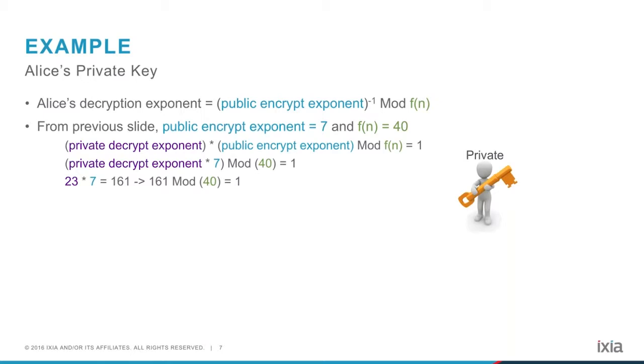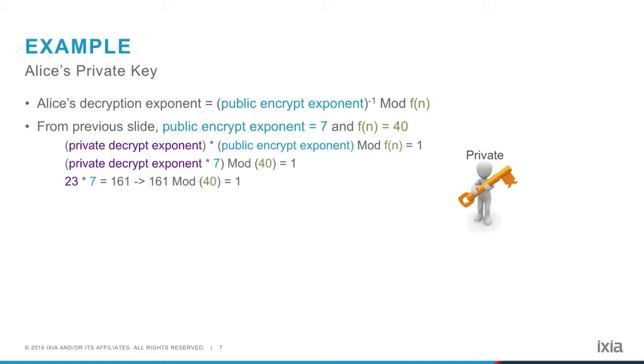I solve for that, and I see the solution is 23 for the private decryption exponent, because 23 times 7 is 161. 161 mod 40 equals 1. Okay? Hopefully that makes sense.